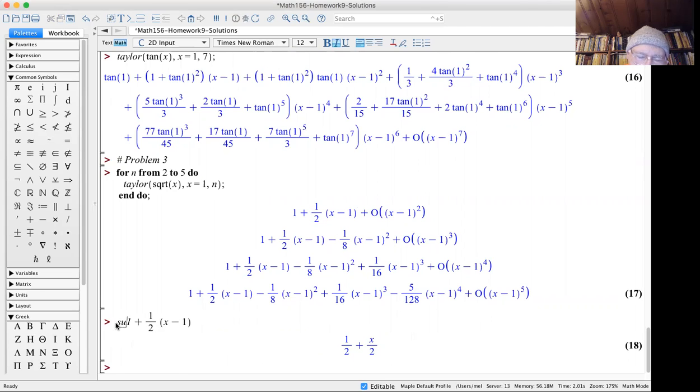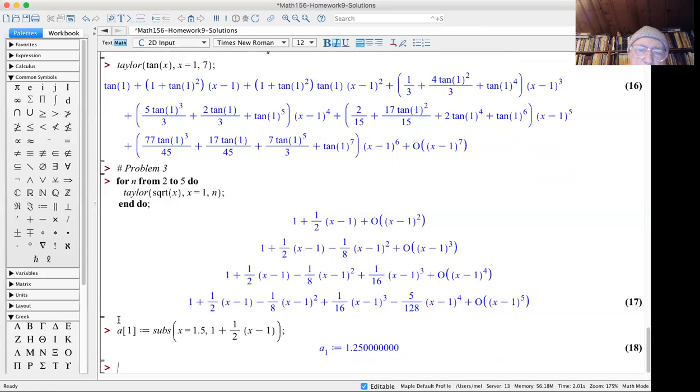And let's substitute in x equals 3 halves. And I'll call this A1, the linear polynomial.